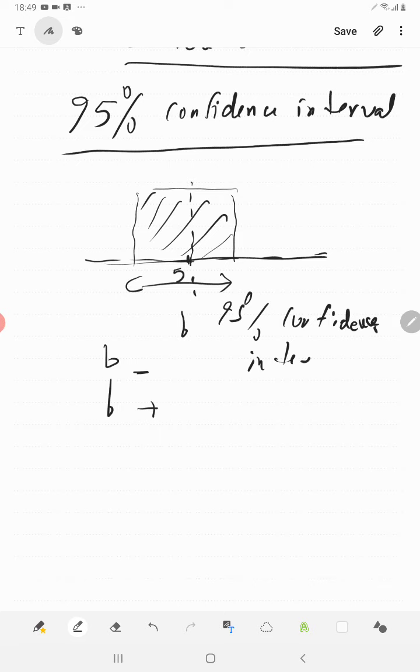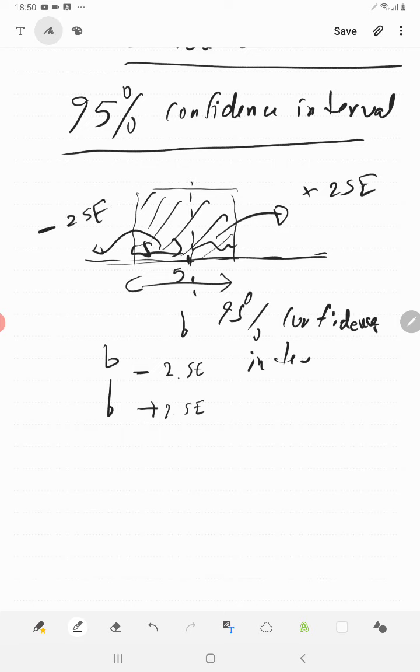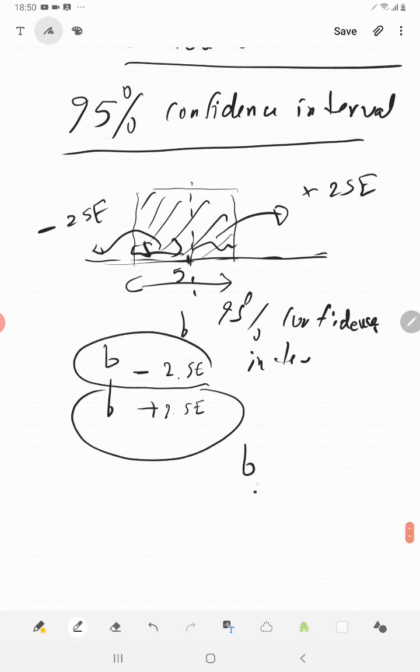So it's between these two values, 2 times approximately the standard error. In this region here, this is minus, and this region here is the plus. So plus 2 times standard error, and here minus 2 times standard error. So the B coefficient will be between these two values. So this is B here, okay?